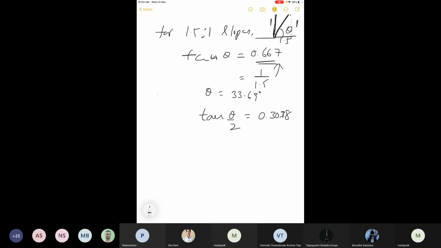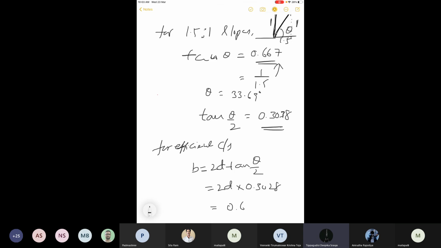So that is theta, 33.69 degrees, and the corresponding tan theta by 2 will be 0.3038. For efficient cross section, B is equal to 2D tan theta by 2, so that is 2D into 0.3028, which is 0.6055D.